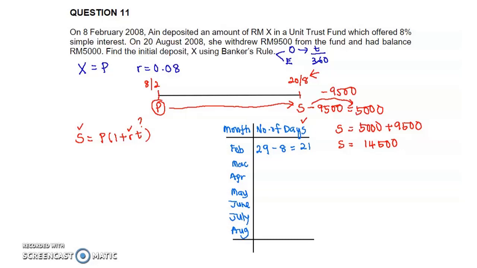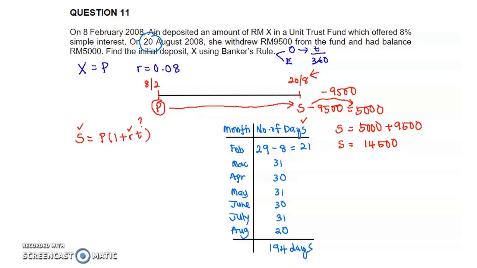So exact time, March 31, April 30, May 31, June 30, July 31, and last one August, so that is until 20th only. So August here we have 20 days. So when we total up here, we will get 194 days. So this is value T.